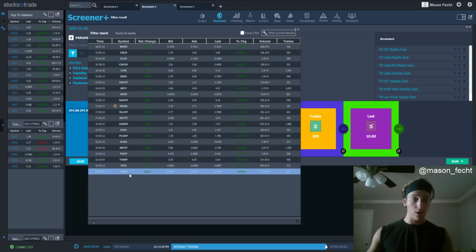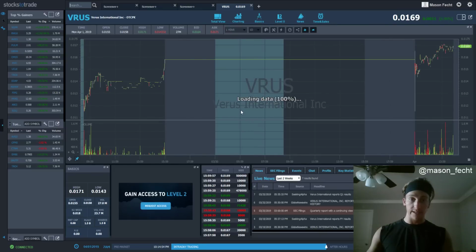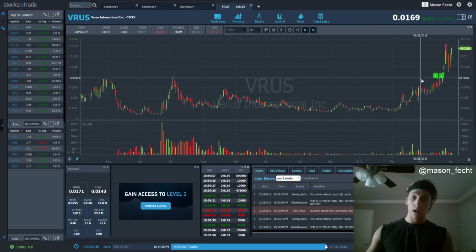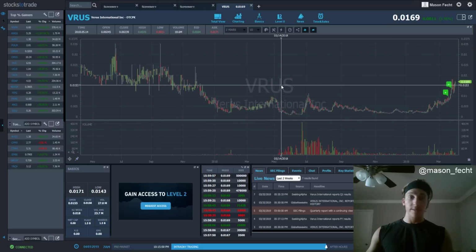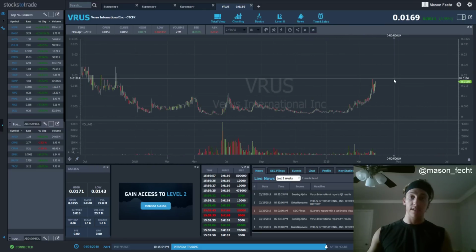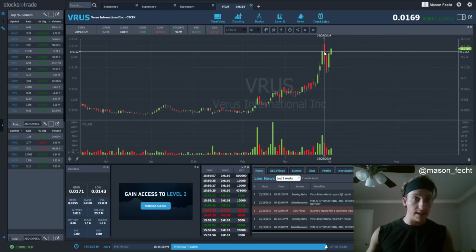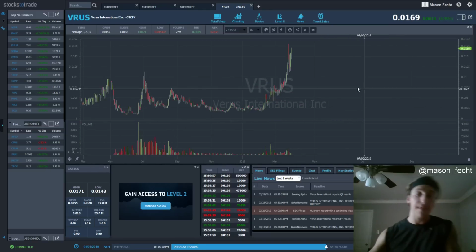And then VRUS. Pretty sure that ran a little bit recently, but it's not that volatile. Okay, I mean, it's creeping up to this little breakout level, but ultimately, it's extremely unlikely I'll trade this, even if it does break out above this 1.8 area, just because it's not that volatile.